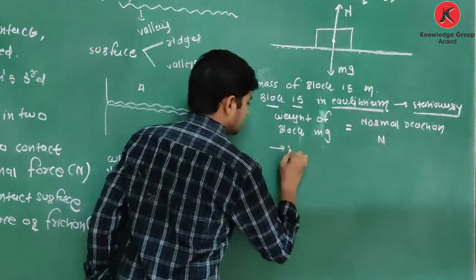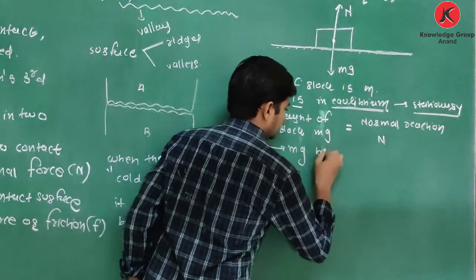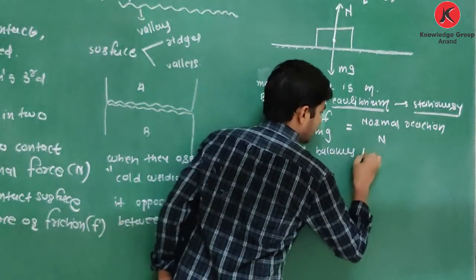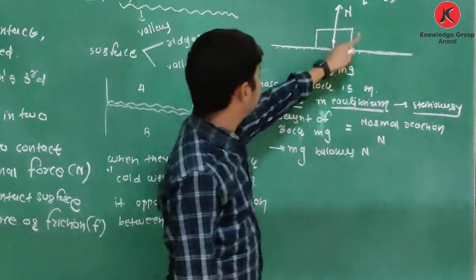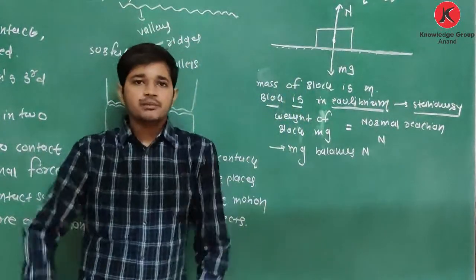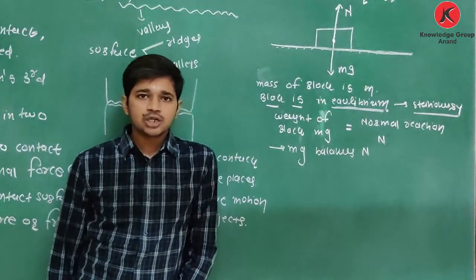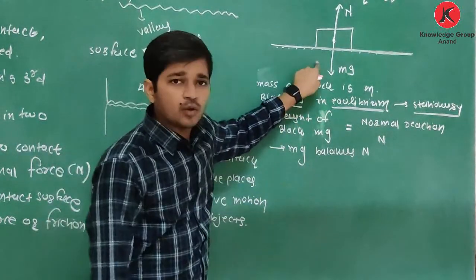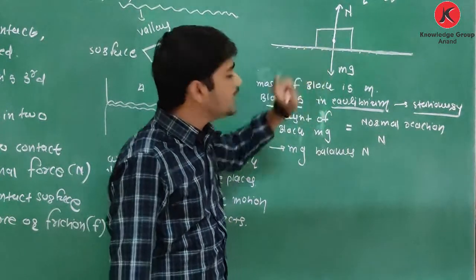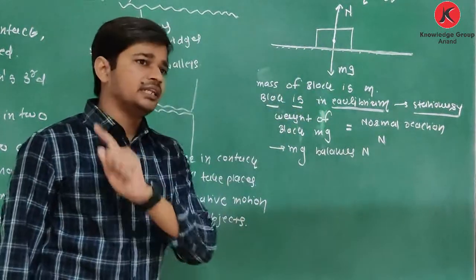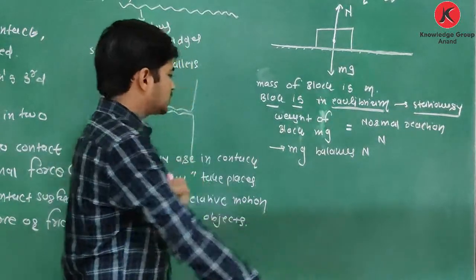So mg balances N. This gravitational force balances N, which means the resultant is 0. Clear about this? Right now, how many forces are acting? Two forces, mg and N.